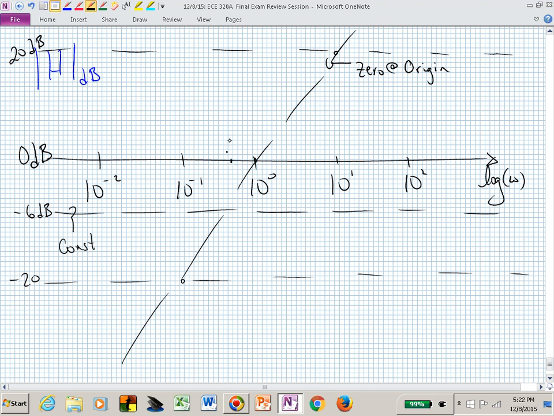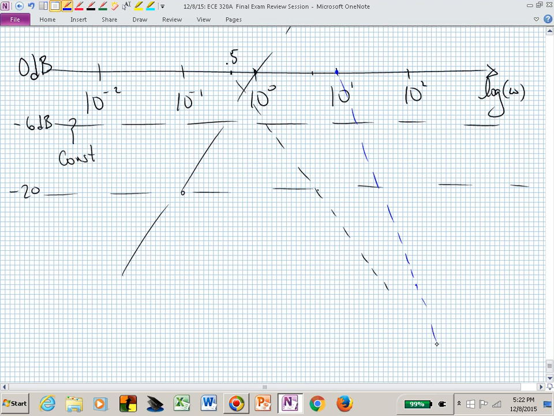So here's 0.5, and we now know we're sloping, and if this is now 5, we are sloping this much due to the pole at 0.5, and our other pole is a double pole at 10, so it's going to be right here. And now it won't be at 20, it will actually be at minus 40 a decade later. So it's sloping much quicker.